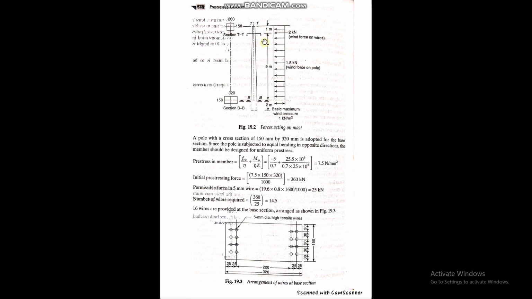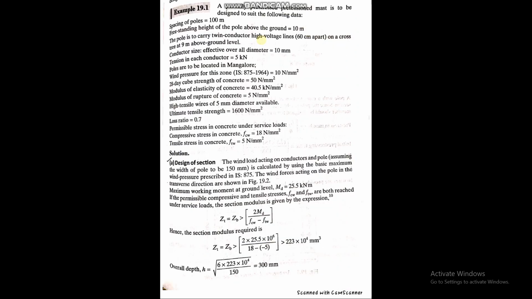Obviously the transmission wires cannot carry that, so it has to be carried by the prestressed poles. We have to take that into consideration as well. How we are going to do that, we will learn when we solve this problem.